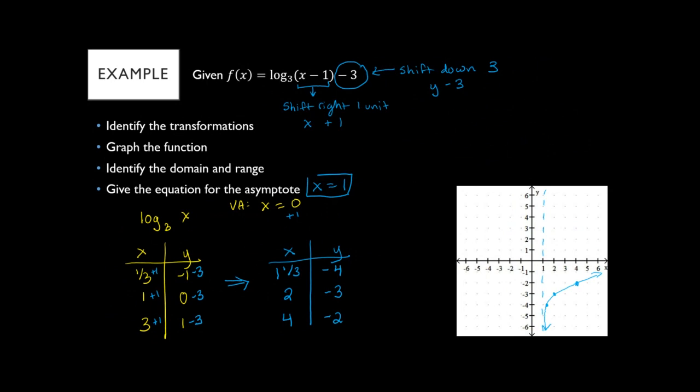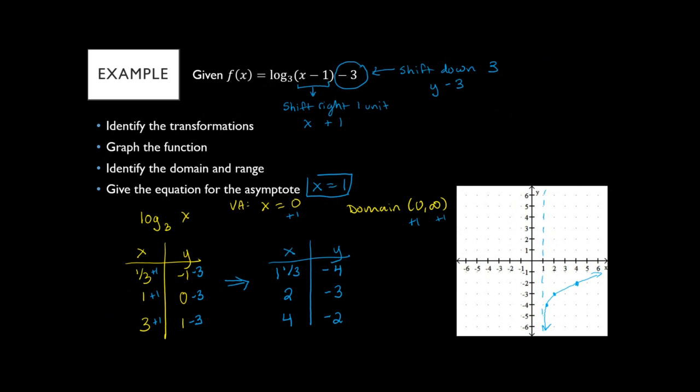So the domain is normally x, and that's usually 0 to infinity. So I can put this in yellow. 0 to infinity. But when we do transformation to x, it also affects the domain. So we're also adding 1 to basically the domain values.